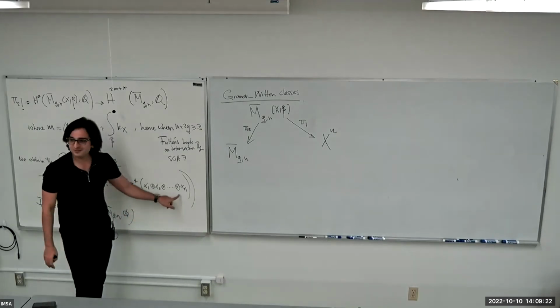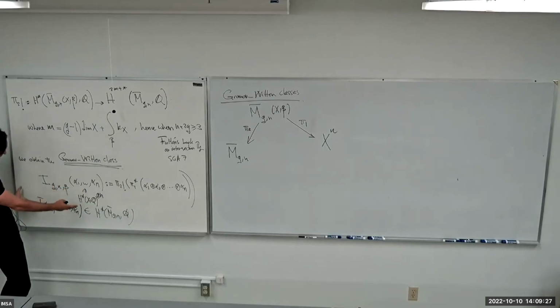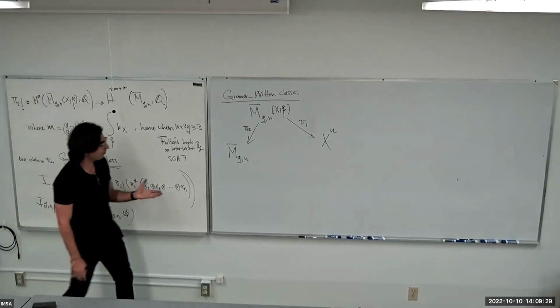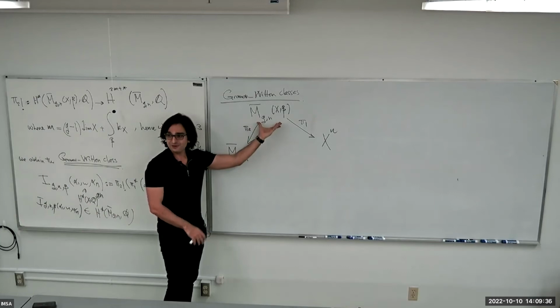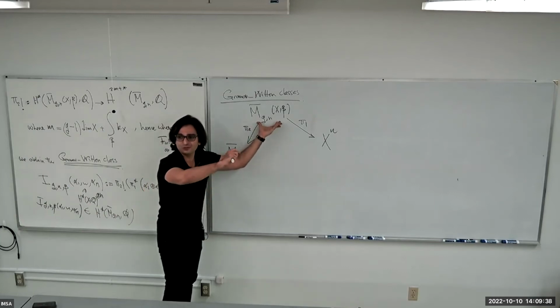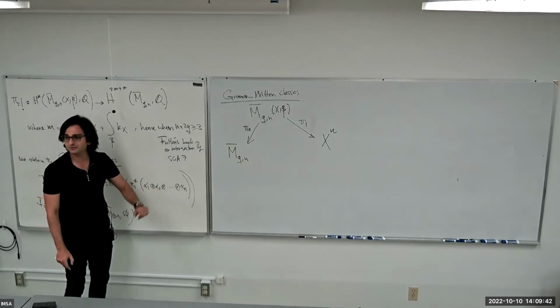Give me the address, and I construct some class. This class is the representative of all curves which meet exactly those subvarieties with cohomology class alpha 1, alpha 2, alpha n in X.